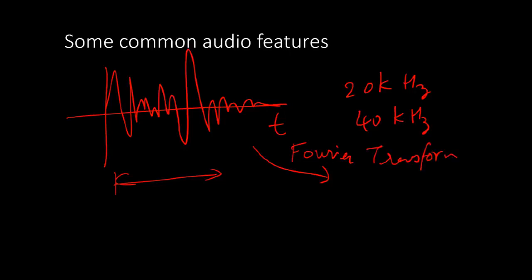The Fourier transform will tell us what is the low level frequency, what is the mid level frequency, and what is the high level frequency, and what is the relative contribution of each of these frequencies in this particular wave. So if I take different sinusoids with different weighing factors and combine them, I should be able to get this original waveform back.